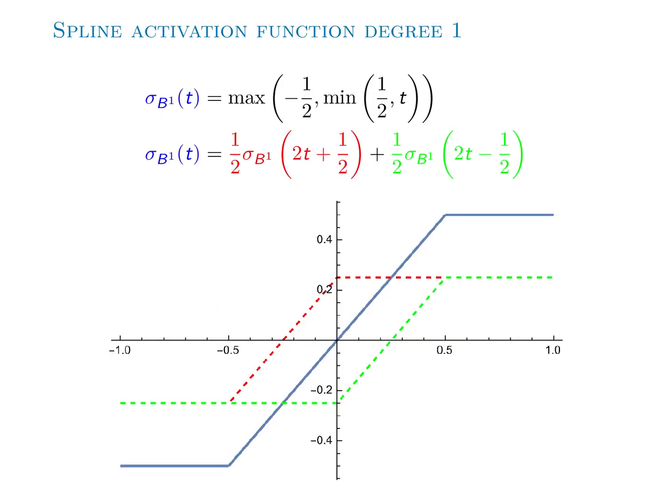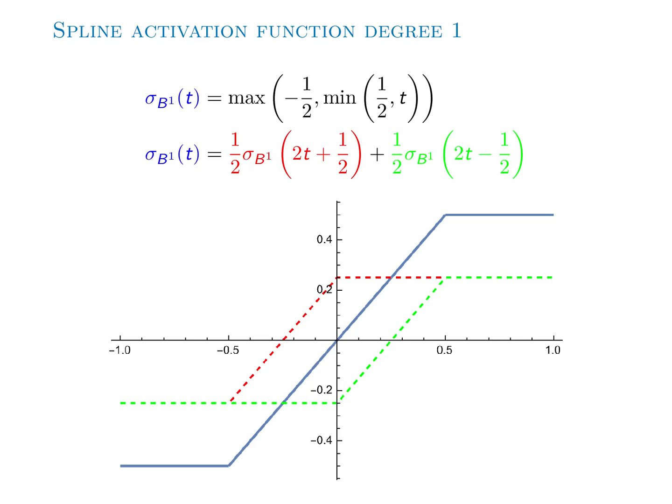To see that this property can be achieved easily, we start by proposing two activation functions that fulfill the refinability property. One is the spline activation function of degree 1. We define this spline activation function with this formula, and as we see in the graphic, it is piecewise linear.